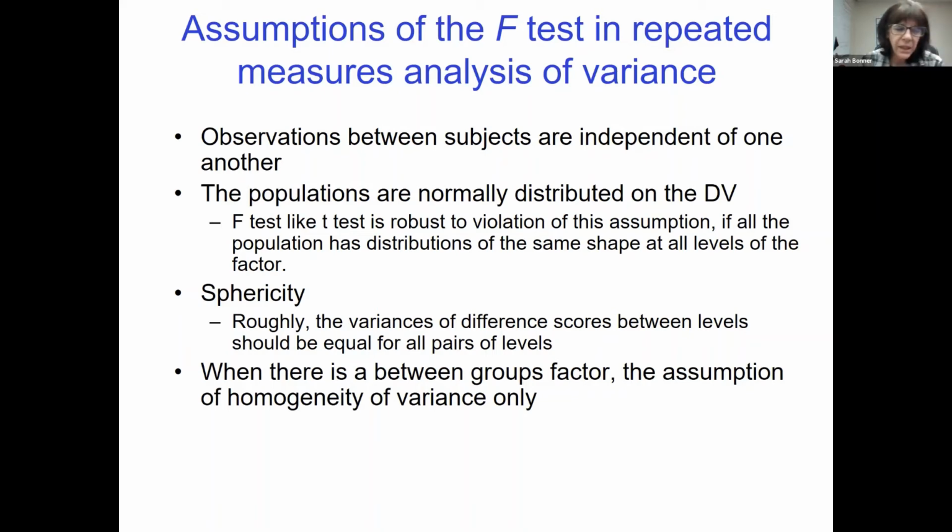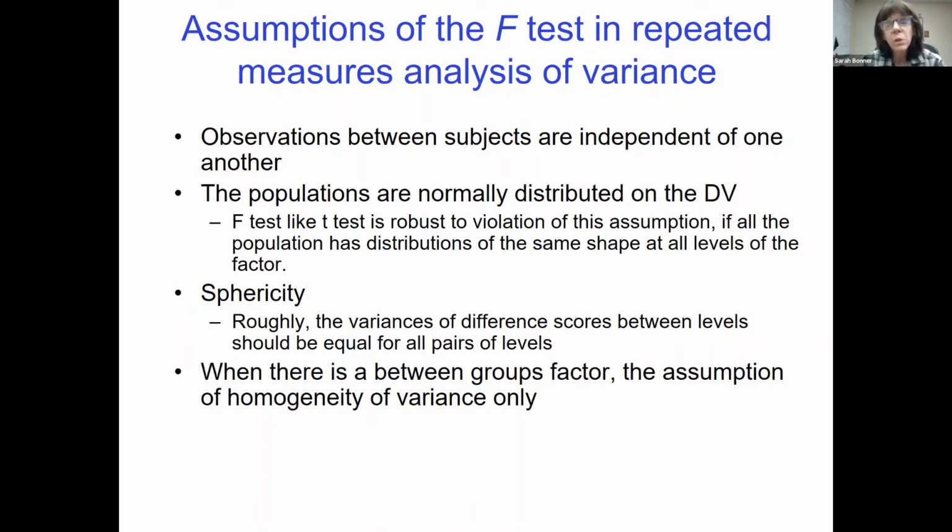It's a little bit analogous to the homogeneity of variance test. The homogeneity of variance tests look at comparing the variances between groups. Sphericity looks at comparing the variances of the different scores between each level. So the within subject variances should be equal at each level of the factor.